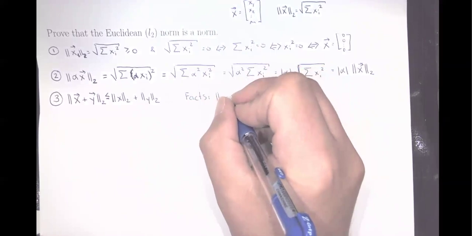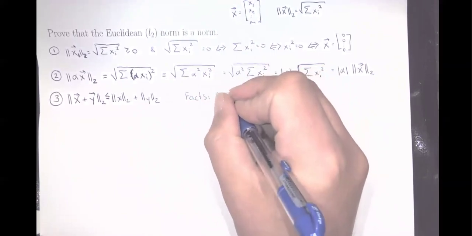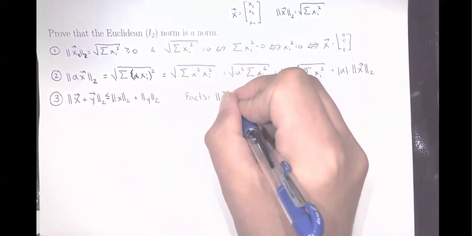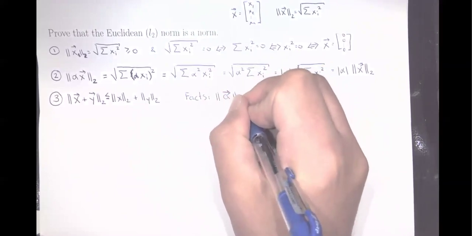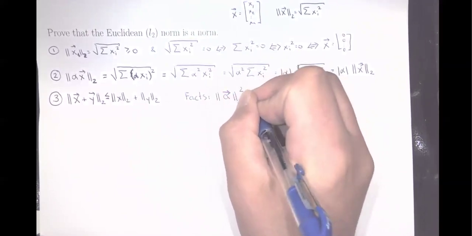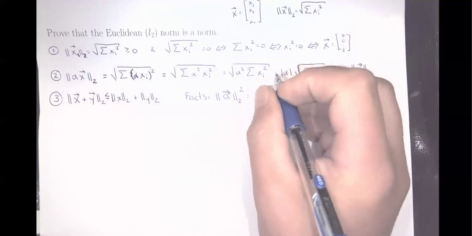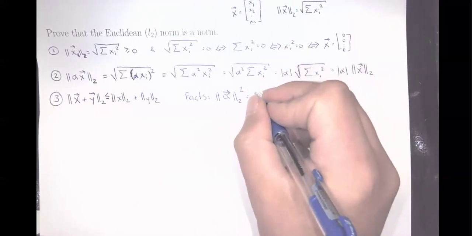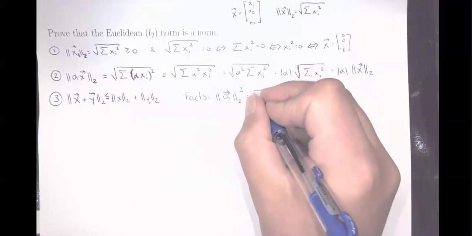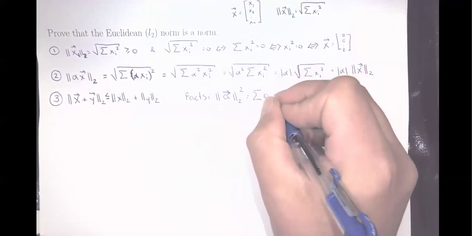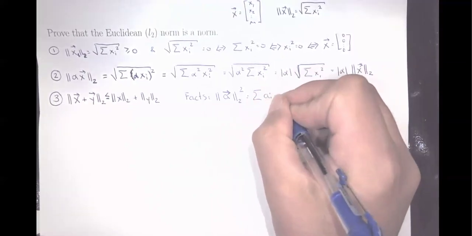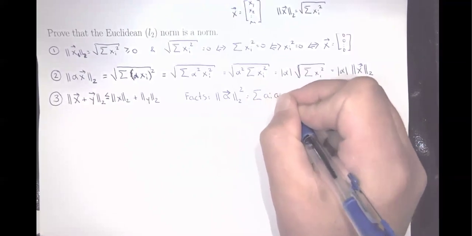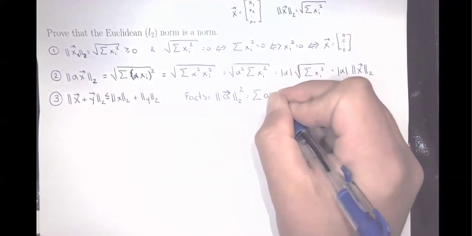The 2 norm for any vector, we'll call it A, squared is equal simply to the sum of AI times AI, right?